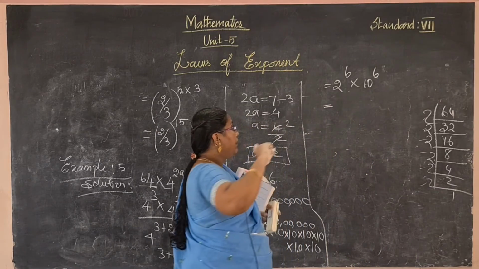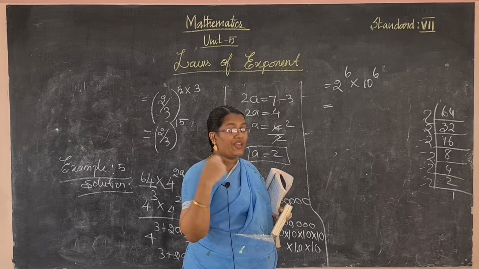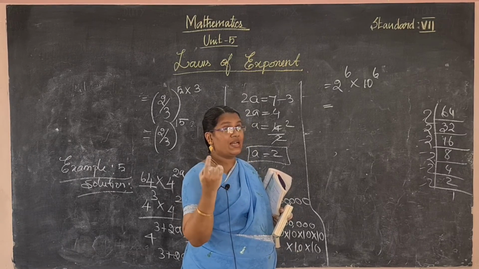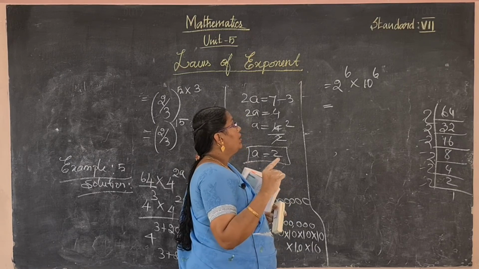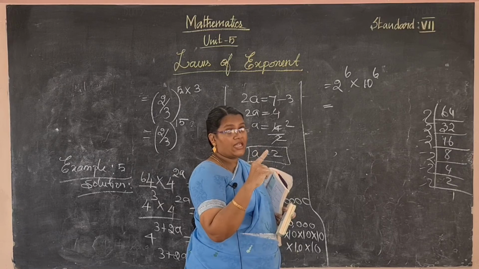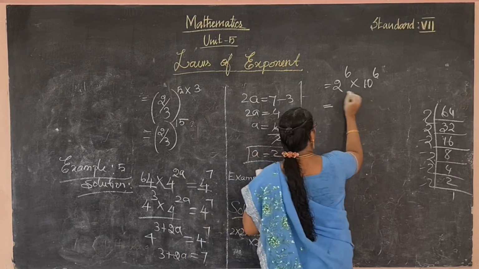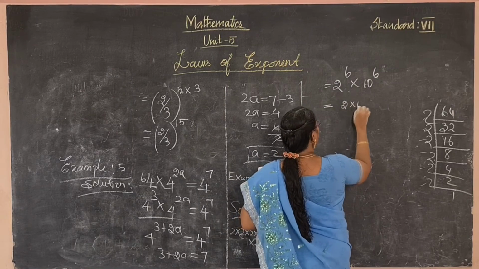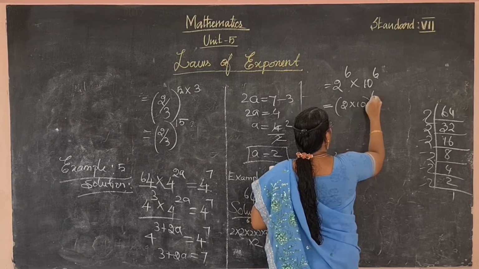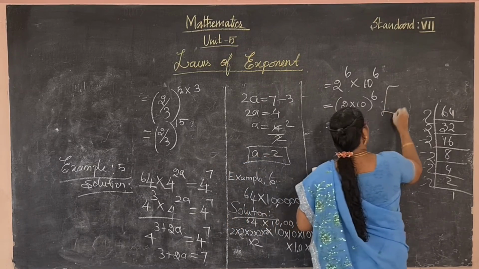Now the bases are different and the powers are the same, so we have used the seventh law. What is that? Multiplying the bases with the same exponent. So multiplying the base values, 2 into 10, the power of 6, so 20 power 6.